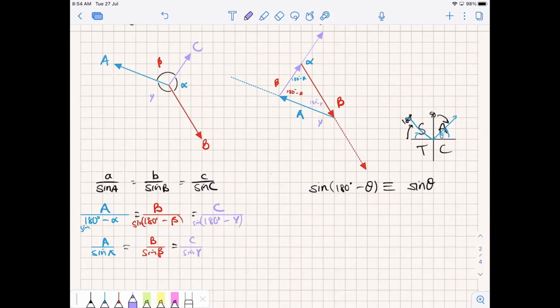There's vector A, and the angle opposite vector A is the angle from my equation. So I don't have to draw the force triangle if I can understand where the angles are and where the vectors are. Does everybody see where the angles are compared to the magnitude of the vector that relates to it?